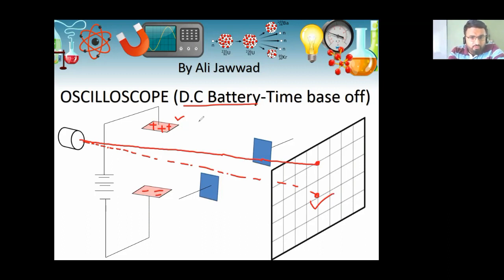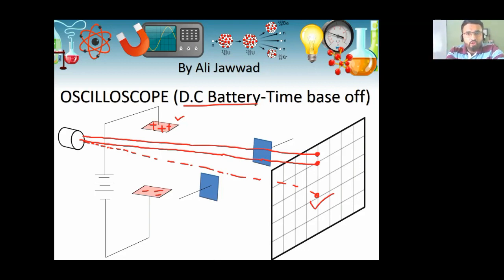The more the voltage on the vertical plates, the more the deflection of the beam will be. Because of this deflection, the position of the electron striking the screen increases. As we have discussed, the screen is made up of zinc sulfide, so as soon as the electrons strike the screen, that will produce a glow.